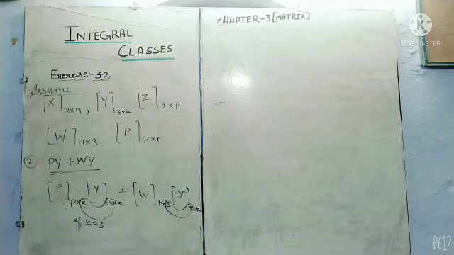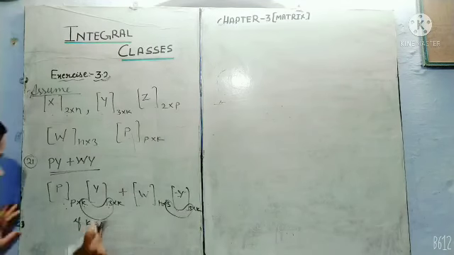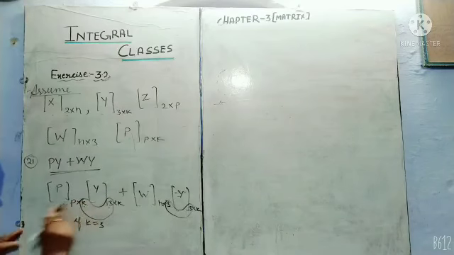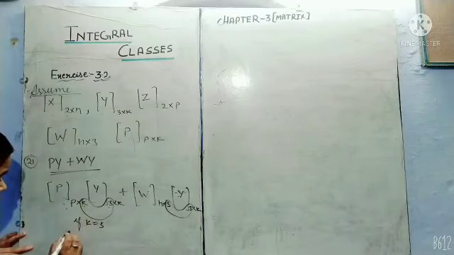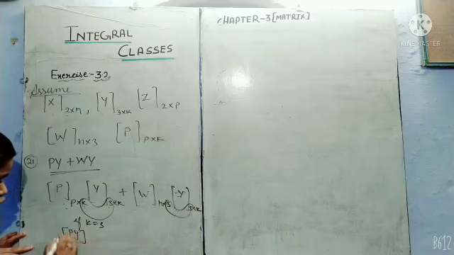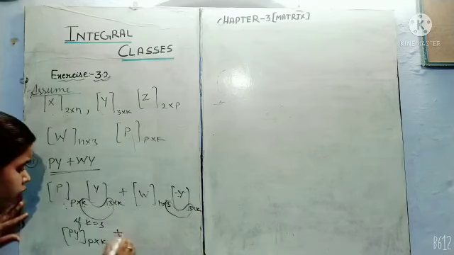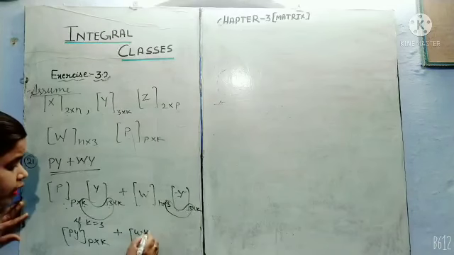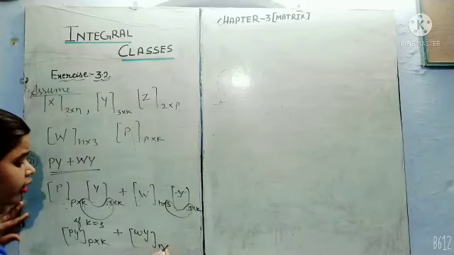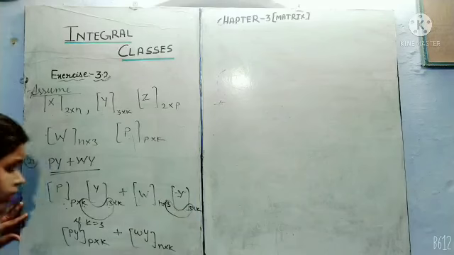Okay, but the second condition is how can we add them. If we multiply here, then it will become py, and we will get a new matrix p into k. Now here on multiplying, we will get a new matrix n into k, because 3 is common.